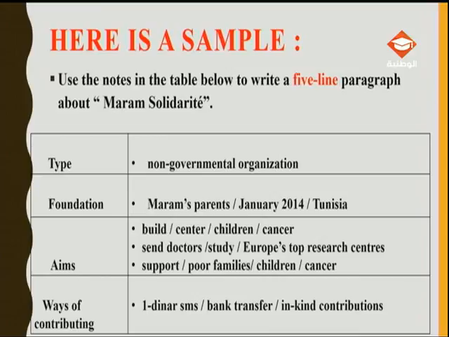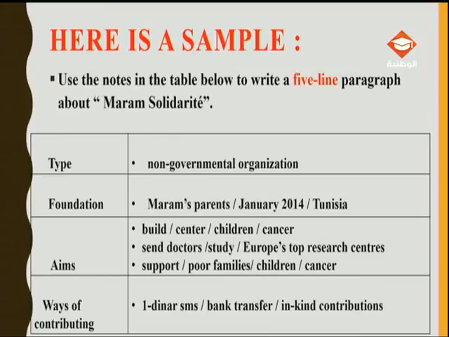Use the notes in the table below to write a 5-line paragraph about Maram Solidarité. So it is in French. That's the title, that's the name of this organization. We have to keep it as it is. The name is in French, Maram Solidarité. What do we have in the table? We have the type of organization. It is non-governmental.